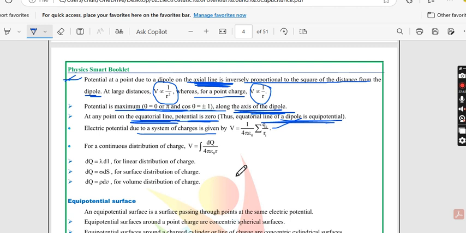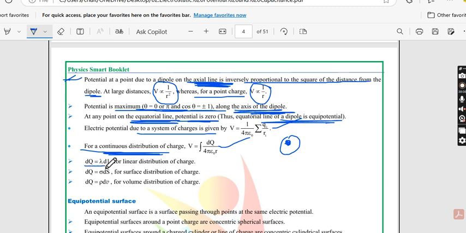I have told you in the first chapter, for a continuous charge distribution, V is equal to the integral of dq divided by 4 pi epsilon naught into r, because in a continuous charge distribution we need to consider a small surface or small area for the consideration.